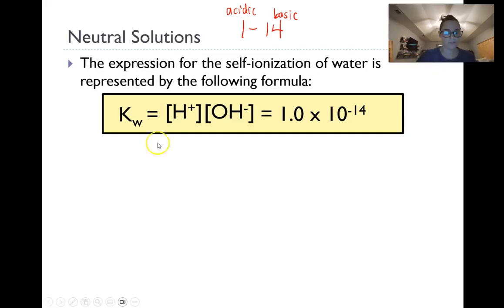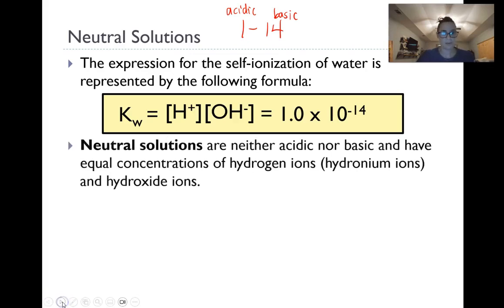So we have this formula known as Kw. Kw represents the dissociation of water into hydrogen and hydroxide ions. In water, which is a neutral solution, if we multiply the concentration of hydrogen ions by the concentration of hydroxide, we get this number here: 1 times 10 to the negative 14.